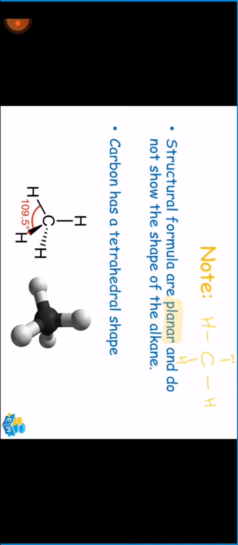So the wedge and the dash just shows that one of the hydrogens is pointing towards us and one is pointing away. And these two hydrogens are in the plane of the page. Now, this is not extremely important at Leaving Cert, but I think it's important for your understanding. And also, it has been touched upon in the bonding videos that are available.